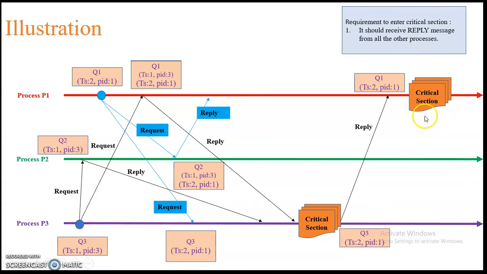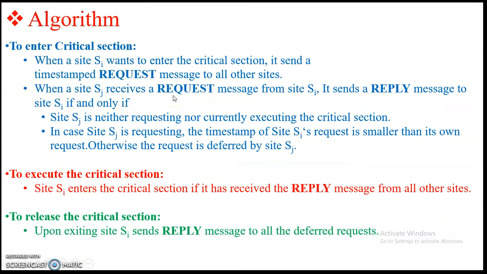After P1 enters, the queues of all three processes are empty, and the critical section remains with process P1 until some other process wants to access it. So that is all about the Ricart-Agrawala mutual exclusion algorithm.